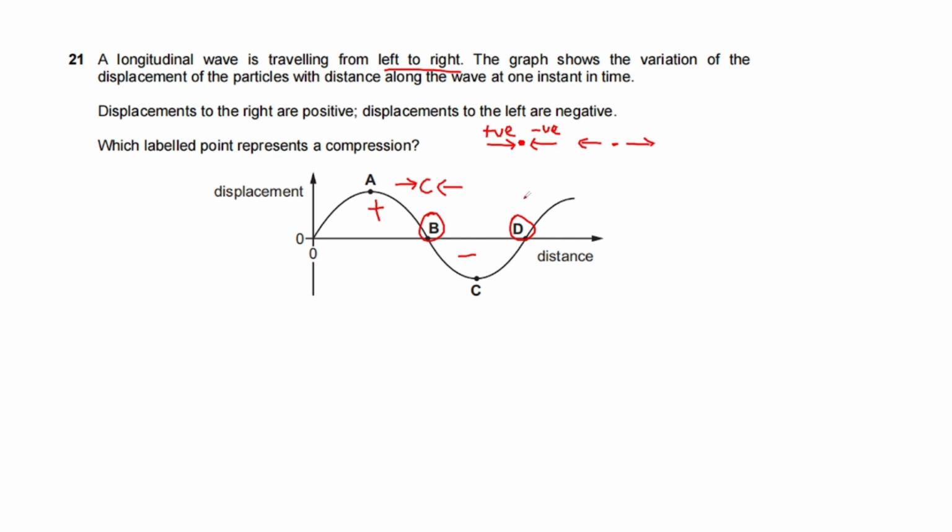At point D, the particles on the left side are moving to the left, and on the right side of point D the particles are moving to the right, creating a rarefaction. So point B is compression, point D is rarefaction. So the correct answer would be option B.